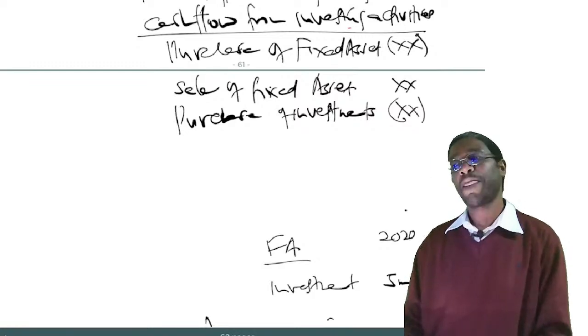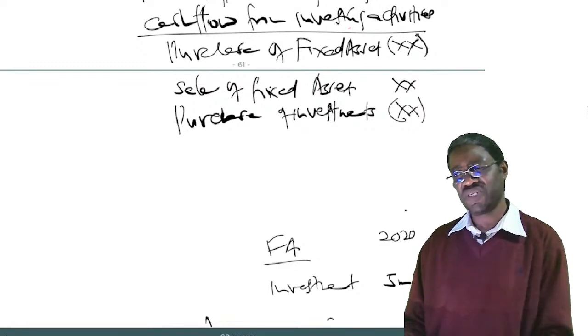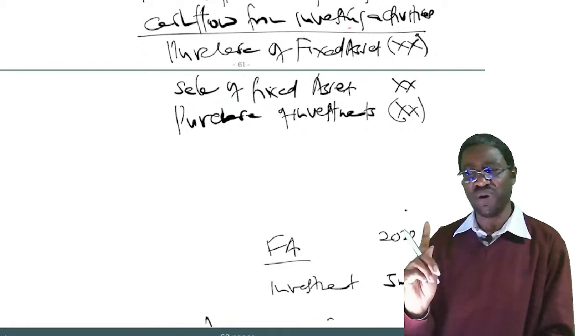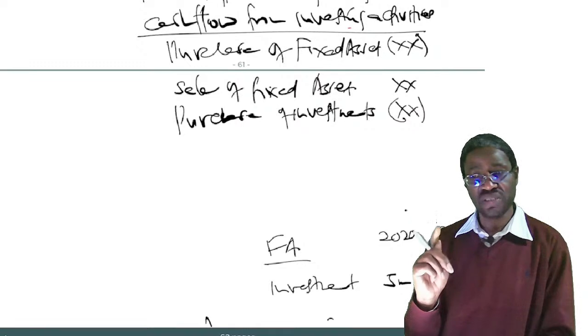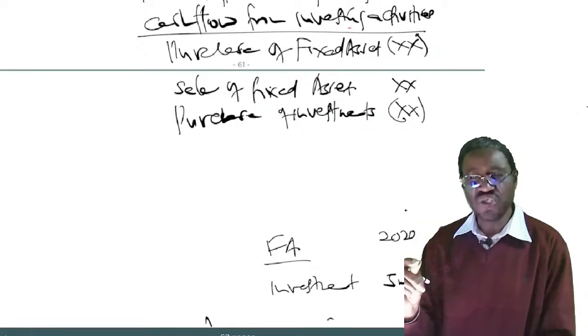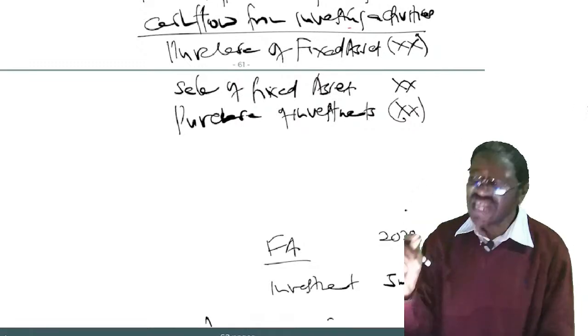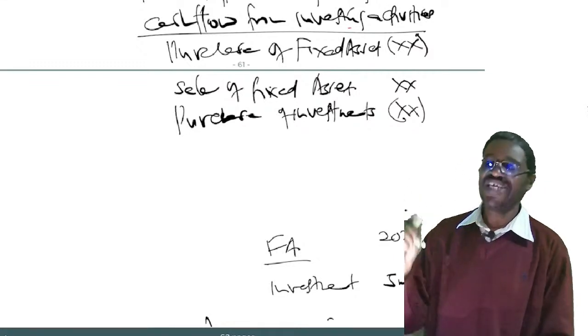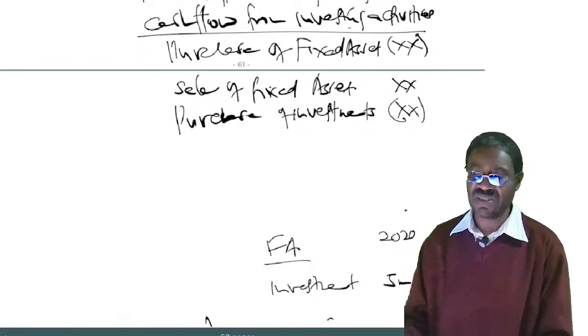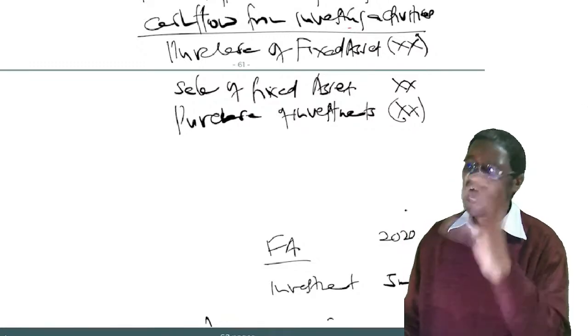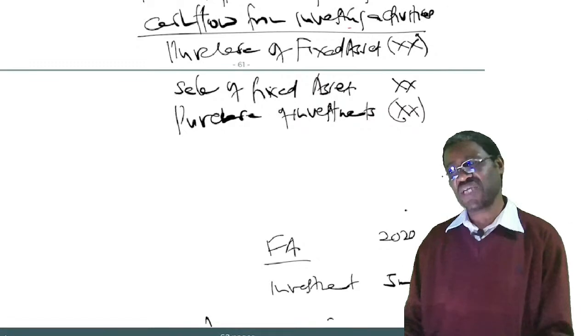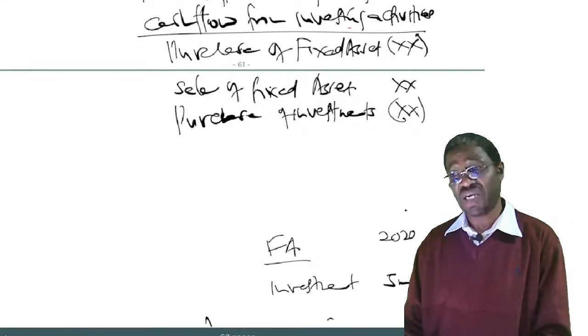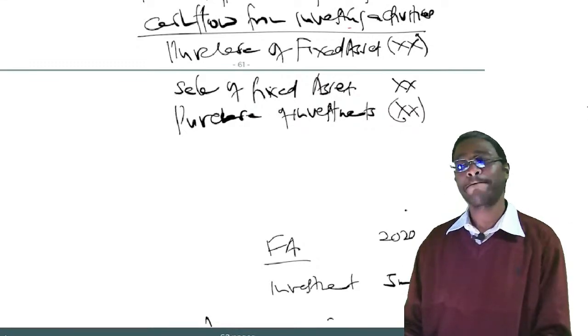Listen, still under investing activities, now that I've talked about investments, I have also told you anything relating to fixed assets is an investing activity. Any transaction affecting a fixed asset is an investing activity. Listen to this now.